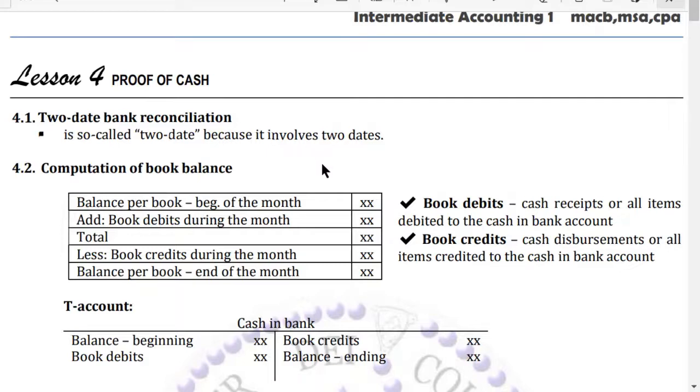So they are not given. We still need to compute for the amounts, and to compute for the amounts, there are standard formulas that you may follow. These are most likely the format that you can use in order to compute for the correct balances.